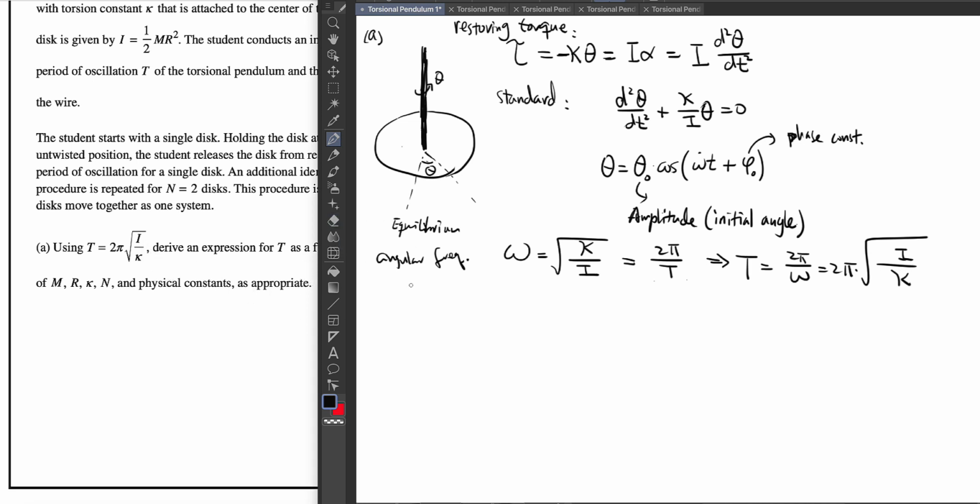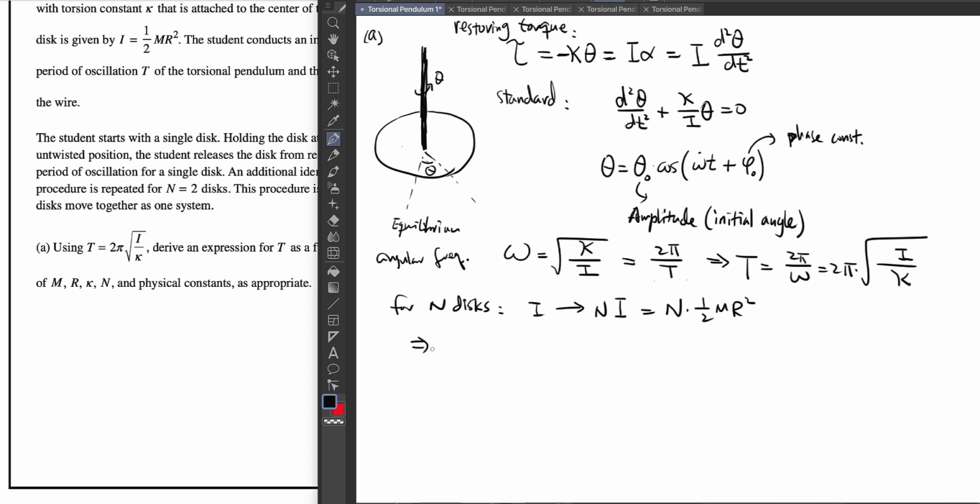So now the important thing is that we need to substitute in the I here for n disks. For n disks, we should replace I with n times I. Now, each I is 1/2 mr squared. Okay, so let's do that replacement.